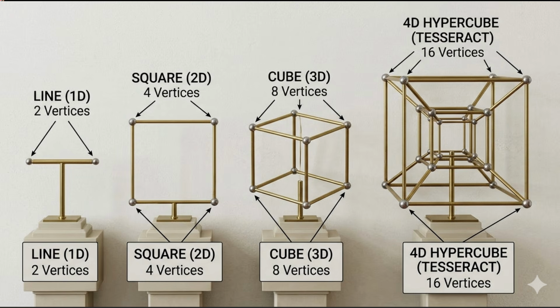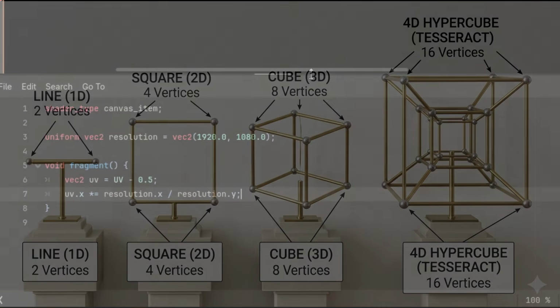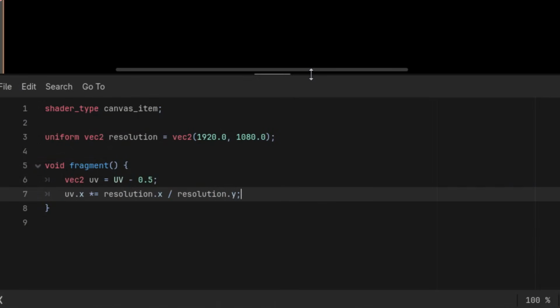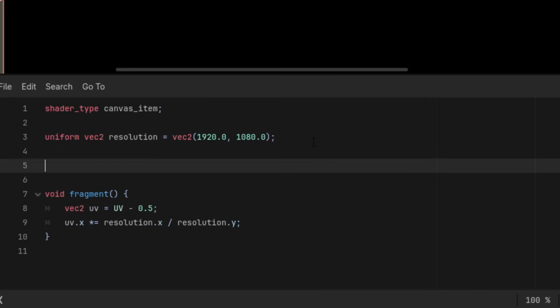A one-dimensional line segment has 2 endpoints, a two-dimensional square has 4 vertices, a three-dimensional cube has 8 vertices, and a tesseract therefore has 16. And since we are in 4D, they will be represented by vec4 objects with components of either 1 or -1. It will look like this.